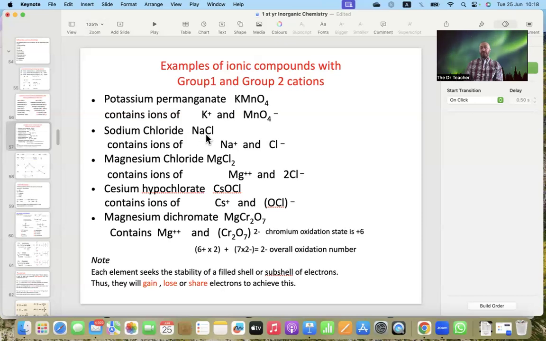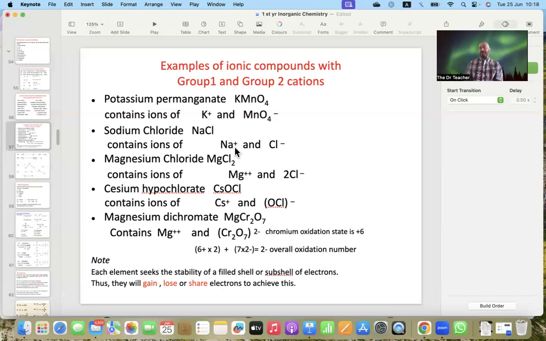Sodium chloride, the salt, contains ions of sodium and chloride. So the sodium plus charge, chloride minus charged. Why minus charge? Because the sodium lost one electron to chlorine.